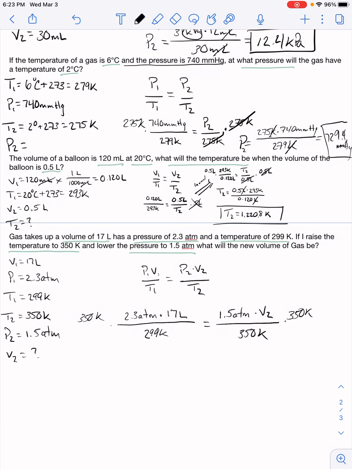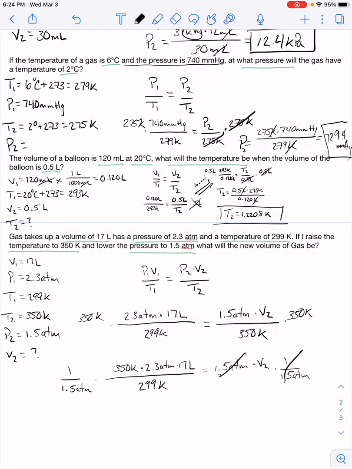And so I would be then left with 1.5 atmospheres times volume 2 is equal to 350 Kelvin times 2.3 atmospheres times 17 liters, all divided by 299 Kelvin. Then, if I need to move 1.5 atmospheres to the other side, I'd be multiplying by 1 over 1.5 atmospheres, which essentially is just dividing the 1.5 to the other side.